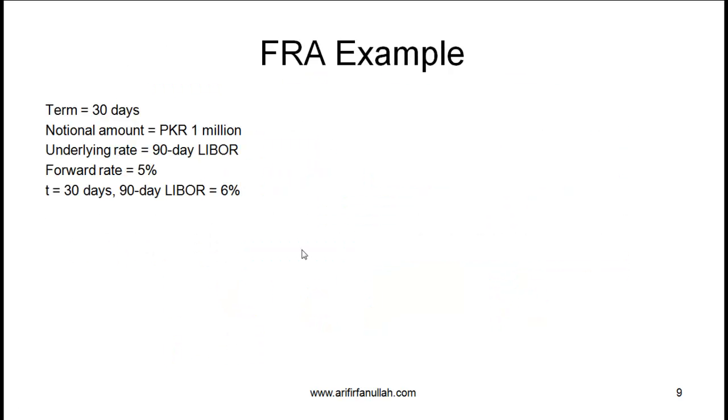Now through an example, let's figure out how we determine who pays whom how much. We are talking about an FRA where the term is 30 days. When we say the term is 30 days, what we mean is the following: if today is day 0, then the FRA begins on day 30. An FRA must also specify a notional amount. Let's say the notional amount is $1 million.